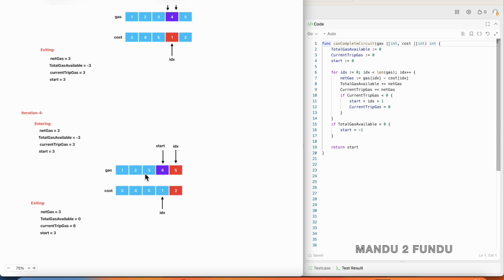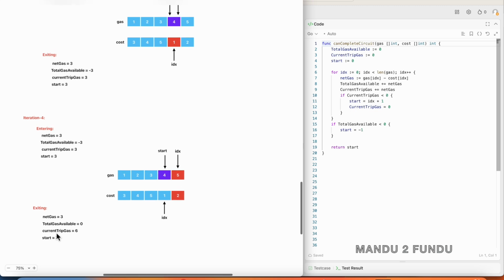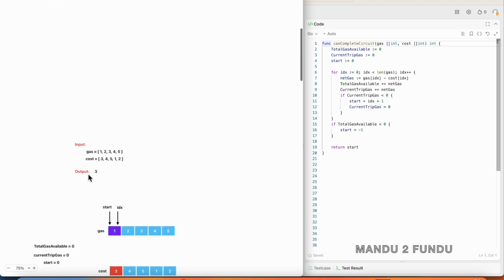After coming out of the loop, we check whether the total gas available is less than 0, in which case we update the starting point to -1, but in this case it is 0. So that means we are able to complete the circular traversal, and we return 3 as the return value. So 3 is the expected output.